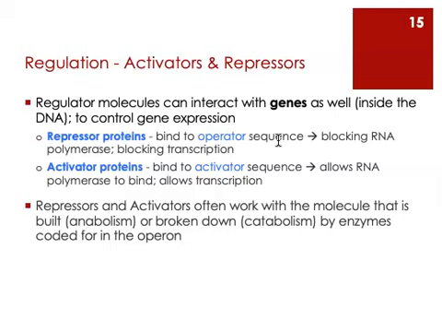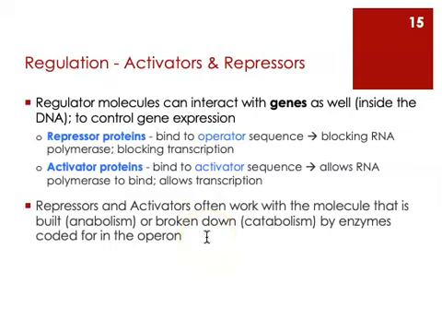All right, now activator proteins and repressor proteins don't work alone. In other words, something has to set them in motion. And that something is often the product of what that gene makes, if that makes sense.